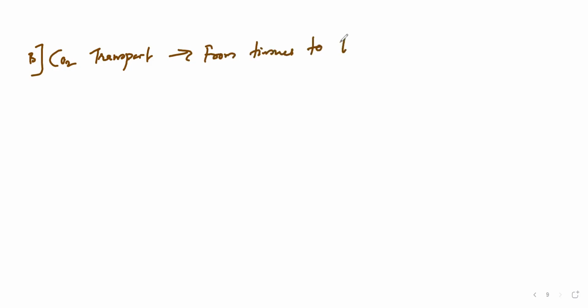So next one is the CO2 transport. Now this will be from the tissues to the lungs. If you consider a tissue, the concentration gradient of the carbon dioxide will be high.